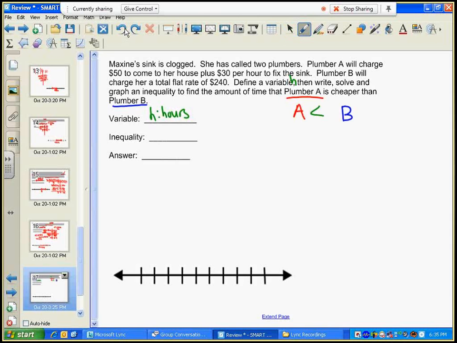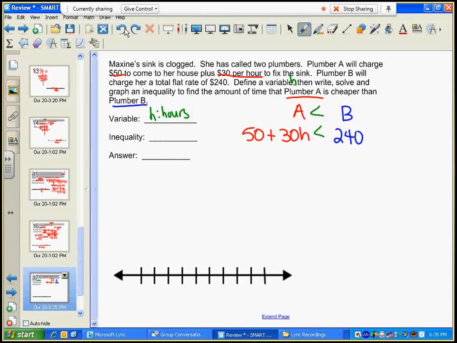He's going to charge $50 just to come out, and then $30 per hour. So I'm going to represent that as $50 plus $30H. And plumber B charges $240. Doesn't matter how long the time. All right, cool.